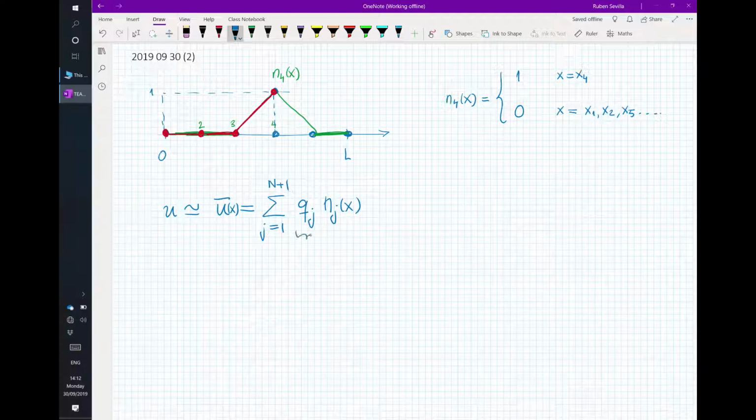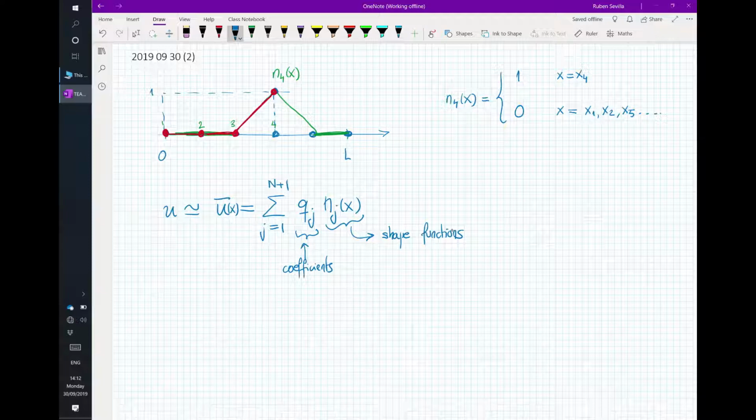These are coefficients, numbers, I mean. Okay? They do not depend on x. And these guys here are what we called the shape functions, which is what I just described in the picture above. Make sense? Yeah. Right.